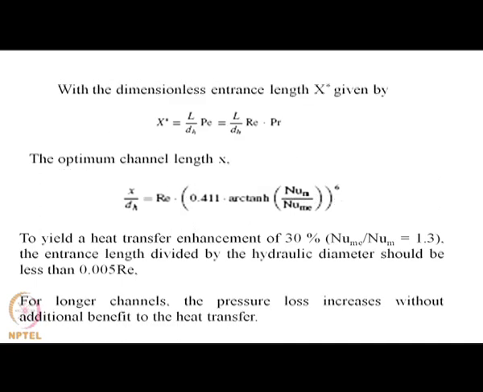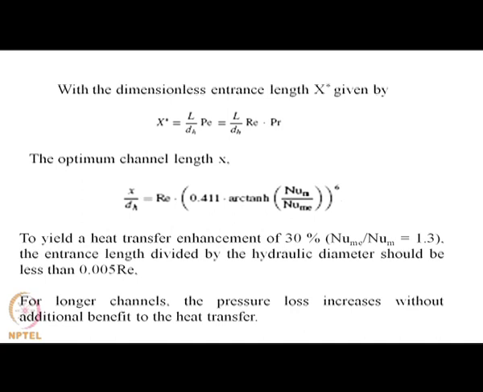The dimensionless entry length x star is given in terms of L, the length of the channel, dH, the hydraulic diameter, and the Peclet number, which is the product of Reynolds and Prandtl number when we are talking about heat transfer, and for mass transfer the Peclet number would be the product of Reynolds and Schmidt number. From this one can obtain the optimum channel length for such cases.